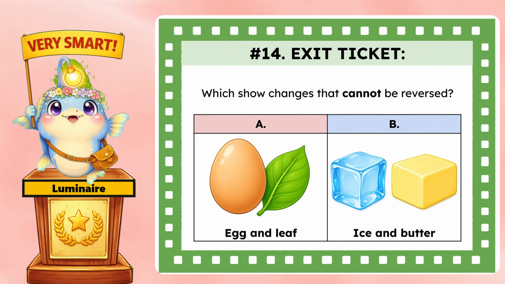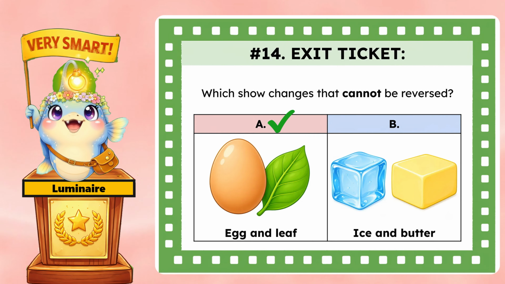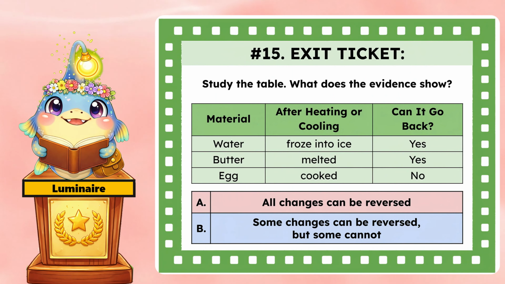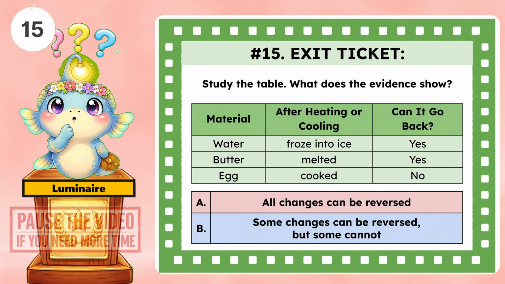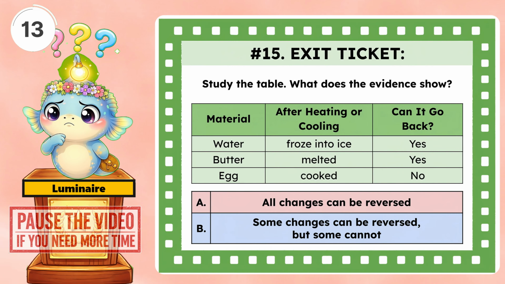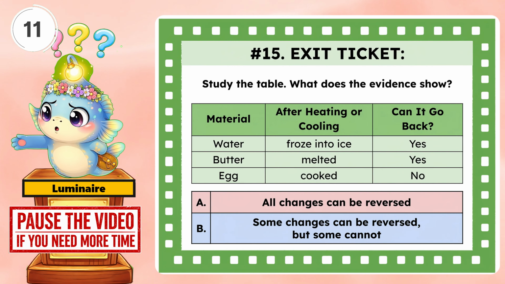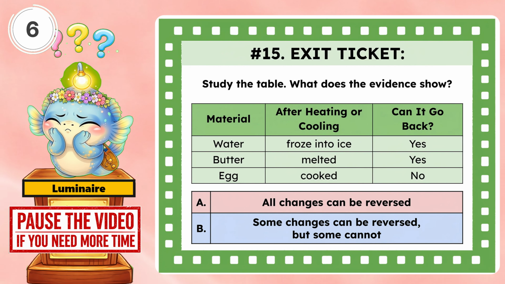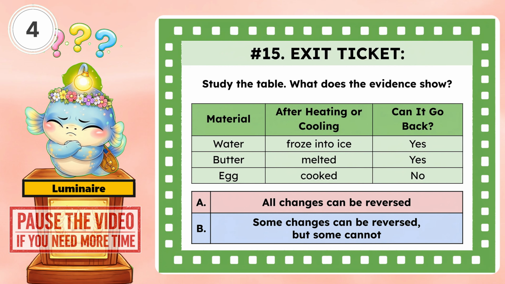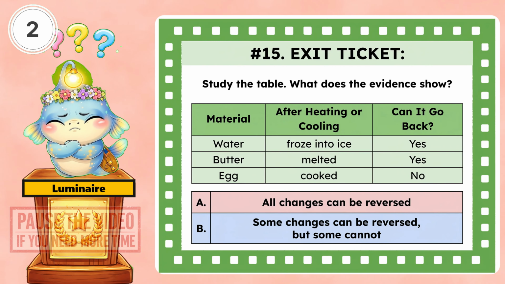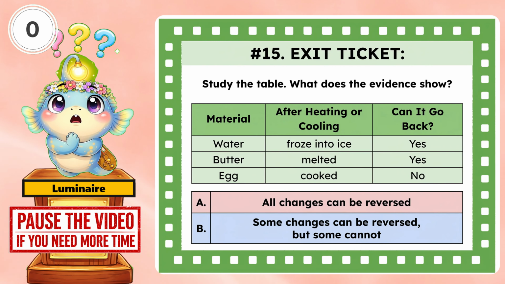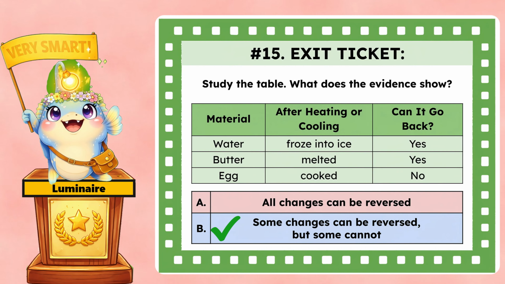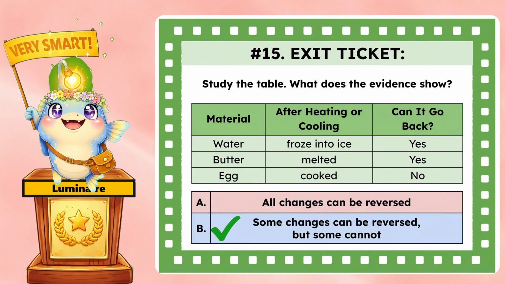And the correct answer is letter A, egg and leaf. Study the table. What does the evidence show? And the correct answer is letter B, some changes can be reversed, but some cannot.